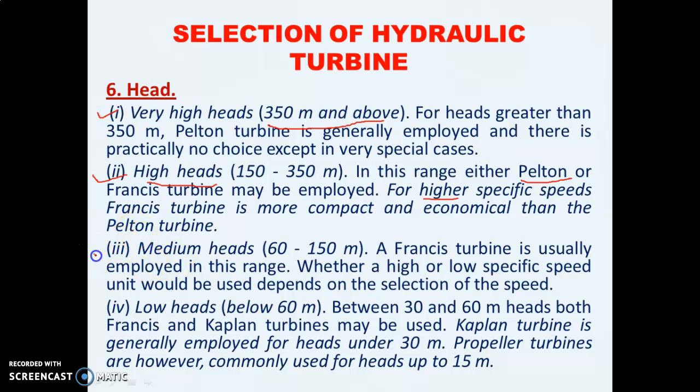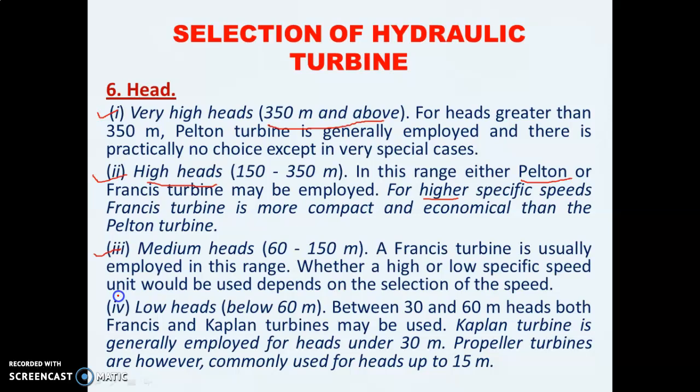Third is the medium heads, that is between 60 meter to 150 meter. If the difference in height between the reservoir and the turbine is 60 to 150 meter, then Francis turbine is usually or always employed in the range. Whether we use high or low specific speed unit, we will only use Francis turbine for medium heads.